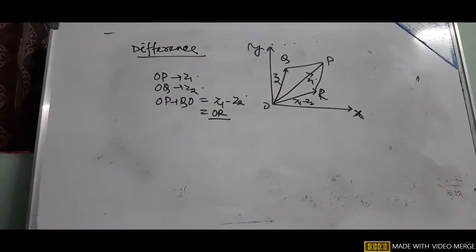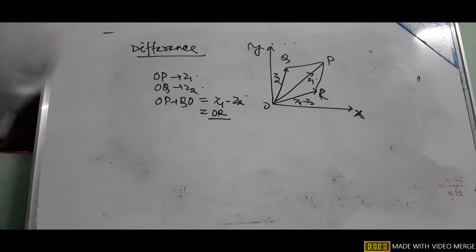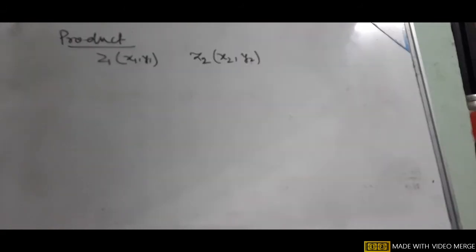That is the sum and the difference of the two complex numbers that we got like this. So I was talking about the product of the complex numbers. If we have two complex numbers Z1 and Z2, Z1 has the real part x1 and imaginary part y1, Z2 has the real part x2 and imaginary part y2.